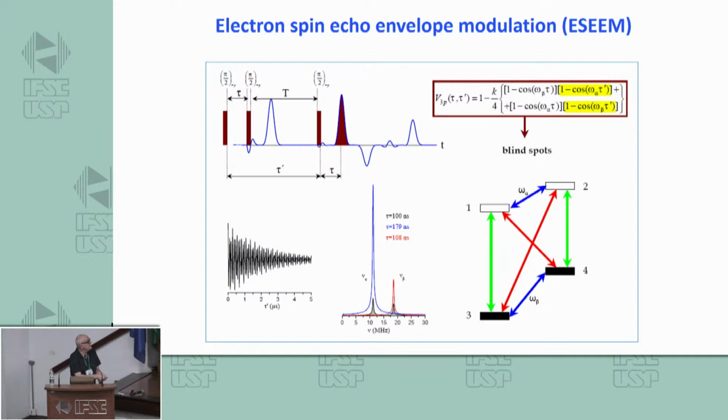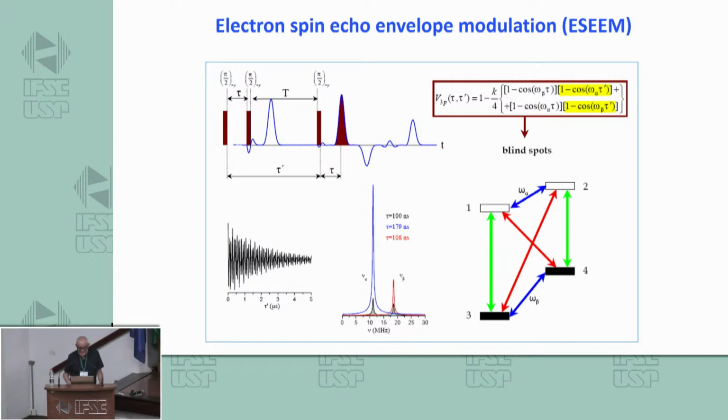These are the allowed EPR transitions in this two-spin system of unpaired electron and the nucleus. Here are the nuclear transitions, and the red ones, where the nuclei are actually changing spin state, orientational state, are normally forbidden. But under the effect of the nuclear hyperfine coupling, they become partially allowed, and then they cause modulations on the electron spin echo.